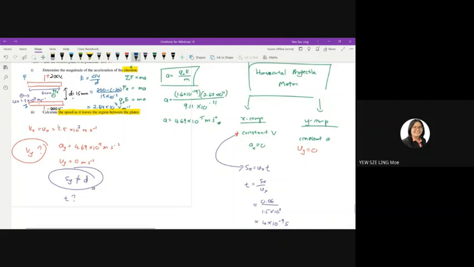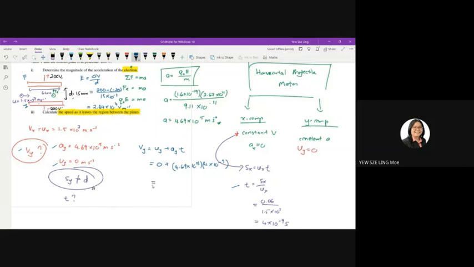Now that you have a, u and t, and you want to find v, you can apply the linear equations. So Vy = Uy + Ayt. This equals 0 plus 4.69 times 10 to the power of 15 times 4 times 10 to the power of negative 9.